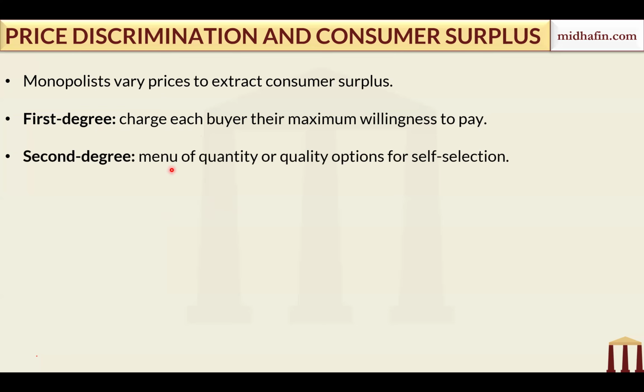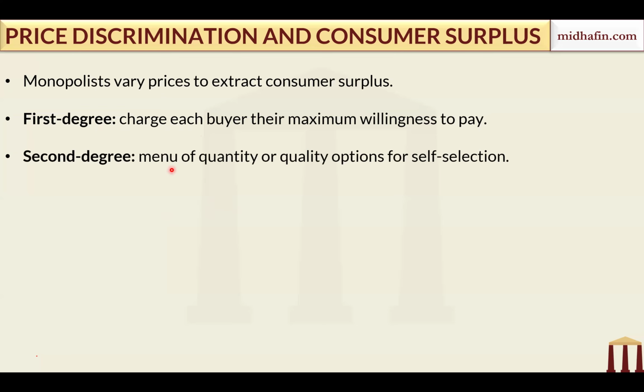Then you have second degree price discrimination. Rather than identifying the individual willingness to pay, the seller offers a menu of quantity or quality options for self selection. Customers sort themselves into the category that best matches their valuation.